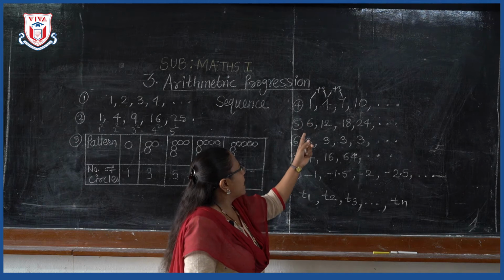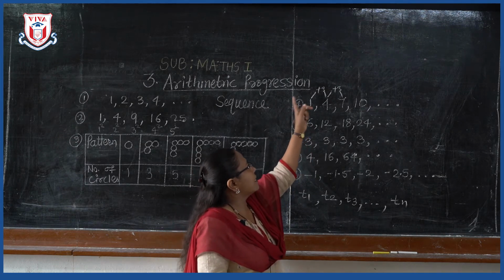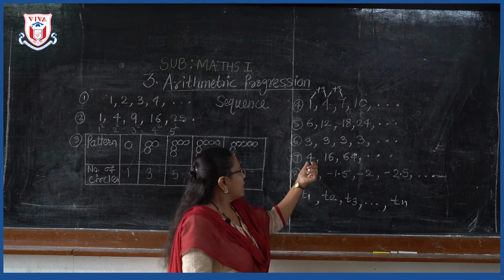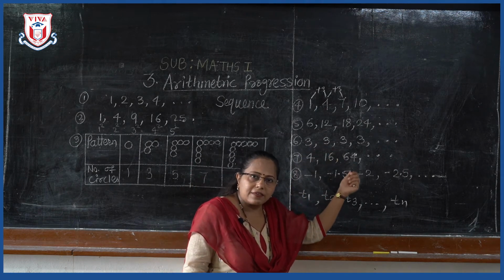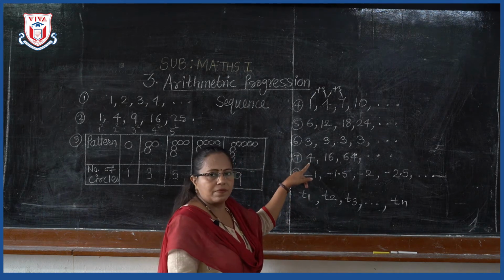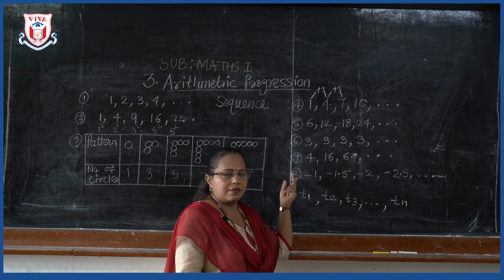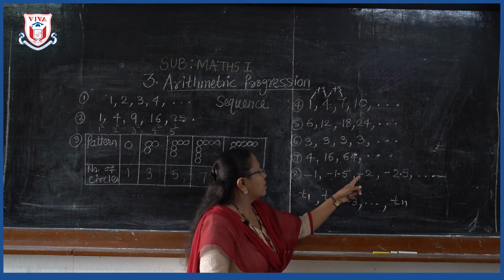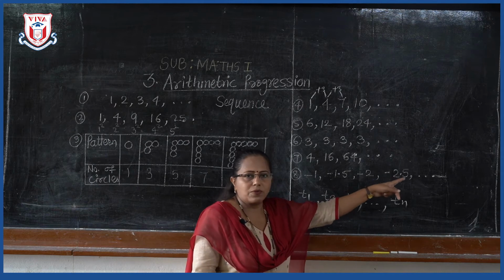In the first 3 examples we saw that to get the next term we have to add a particular number. In this example to get the next term we have to multiply the number by 4. Now the last example. Minus 1, minus 1.5, minus 2, minus 2.5 and so on.